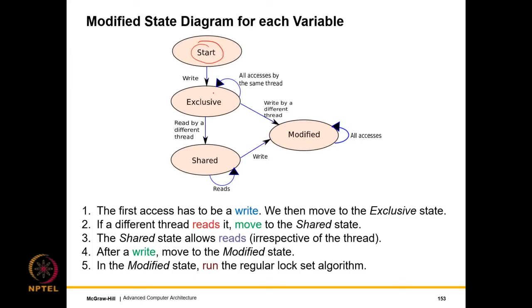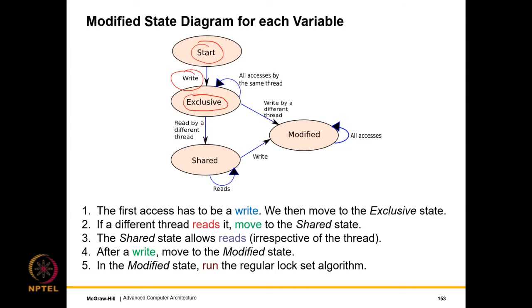The moment we have a write, the variable moves to the exclusive state, which means it is the exclusive property of one thread. In that state, all the accesses by the same thread, whether read or write, keep us in the exclusive state. So there is no problem up to this point.